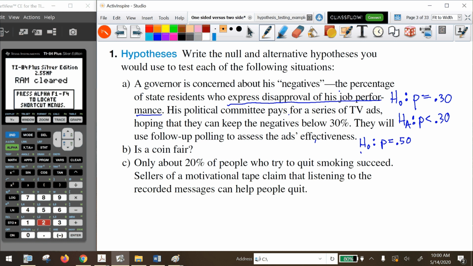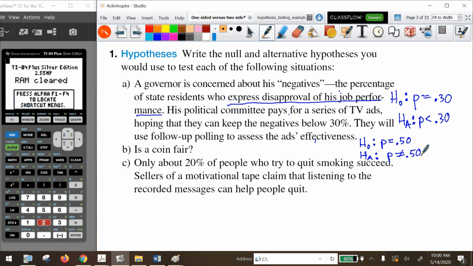And our alternative hypothesis, since we don't know if this thing favors heads or tails, but we're testing to see if it favors one or the other, is that it doesn't land on heads 50% of the time. So our alternative in that one is a two-sided alternative hypothesis, because we'd be equally interested in it deviating from that mean on the higher side or the lower side.